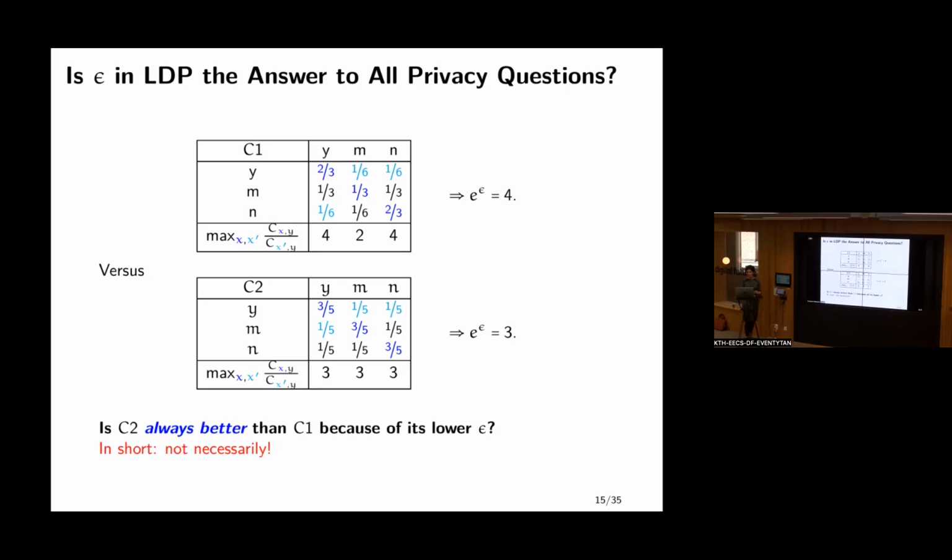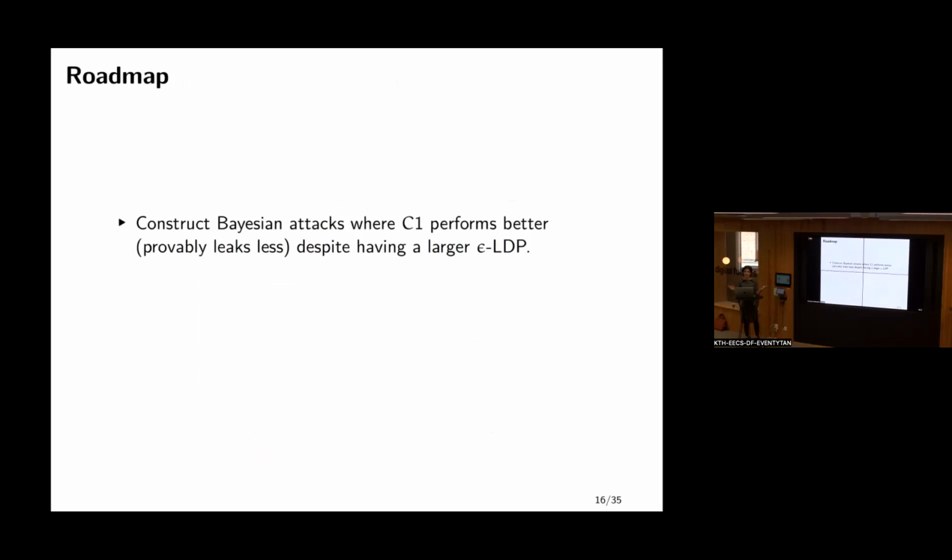So let's see what happens. The remainder of this talk is going to be two things. First, we are going to construct Bayesian attacks where channel C1 performs better, which means it provably leaks less information than channel C2, despite having a larger epsilon value. That is our first goal.